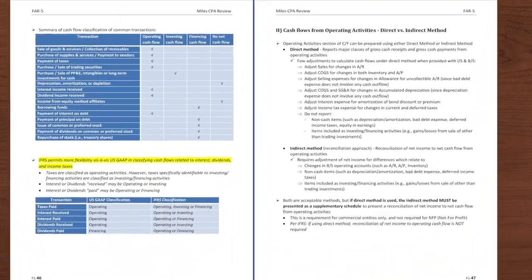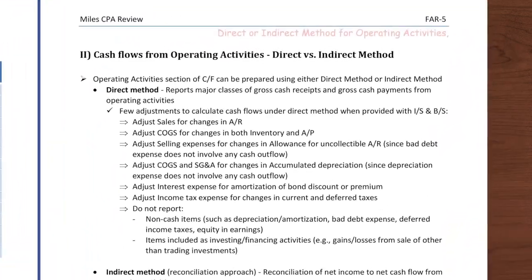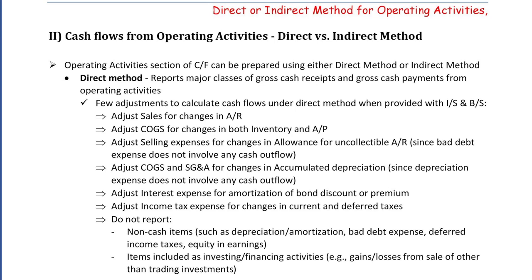On page 47, we're looking at direct or indirect method for operating activities. And this option is not there for investing or financing activities. So only direct method for investing or financing. You've got an option of direct method or indirect method for the operating activities section.